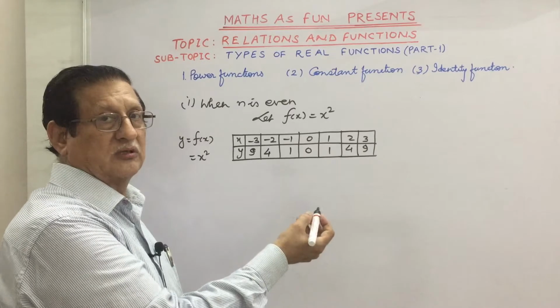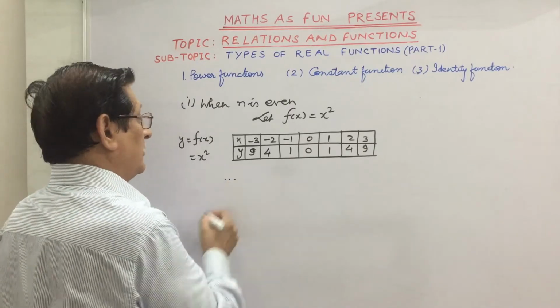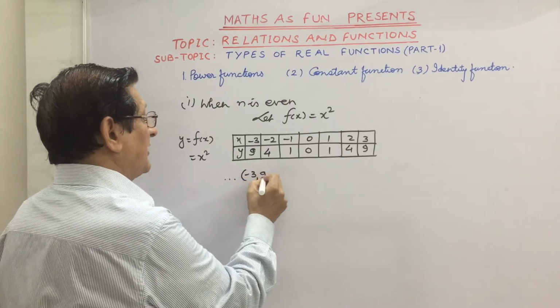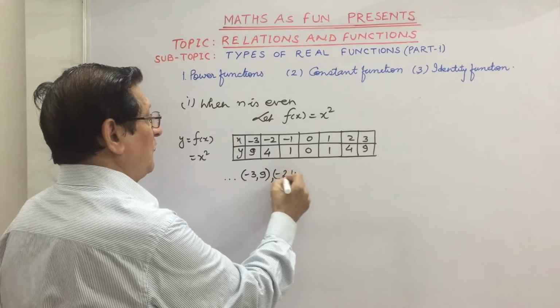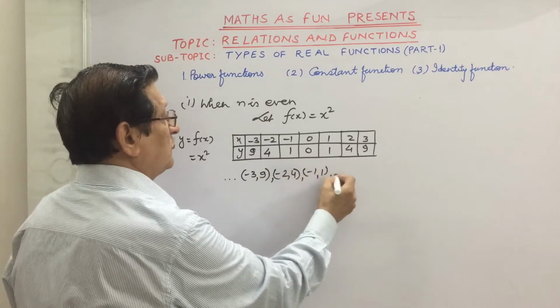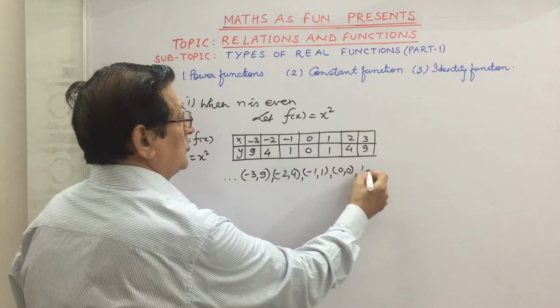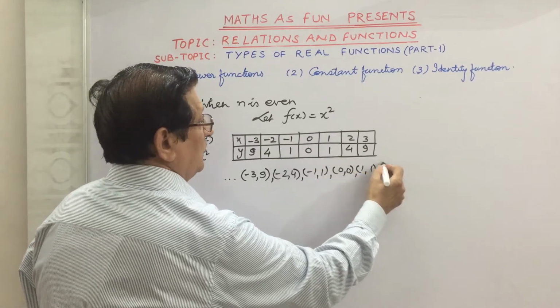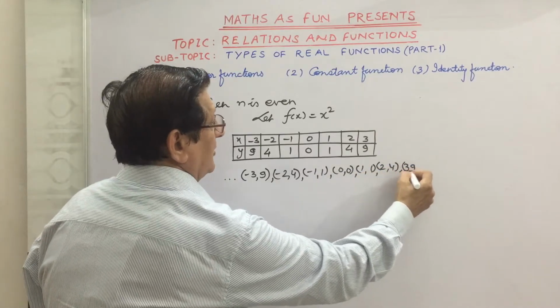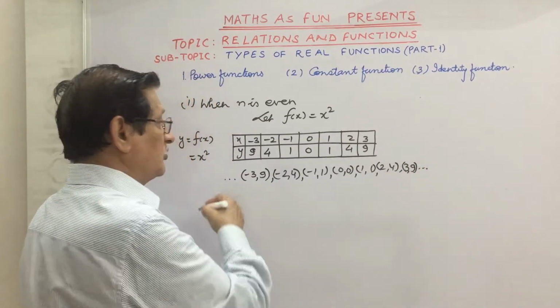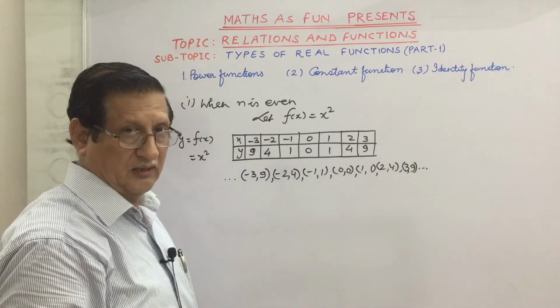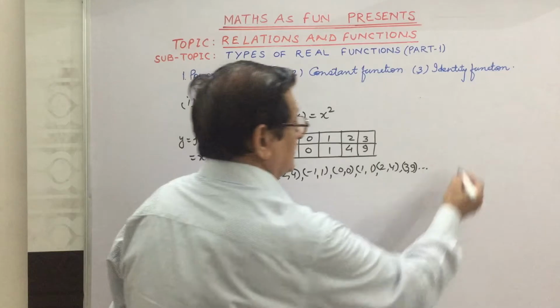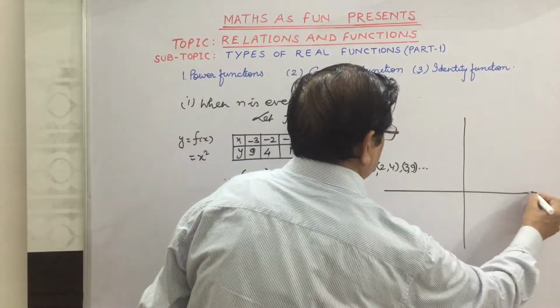It means the points on the graph we can get are (-3, 9), (-2, 4), (-1, 1), (0, 0), (1, 1), (2, 4) and (3, 9), and so on. We can continue on both the sides. Let's see what type of curve it comes. Suppose we draw the graph of it.